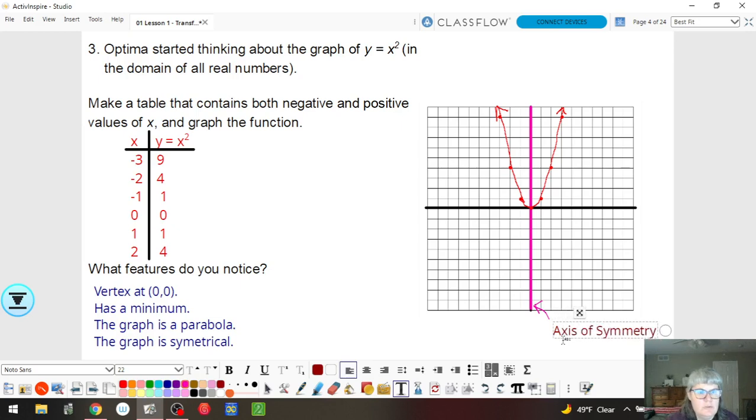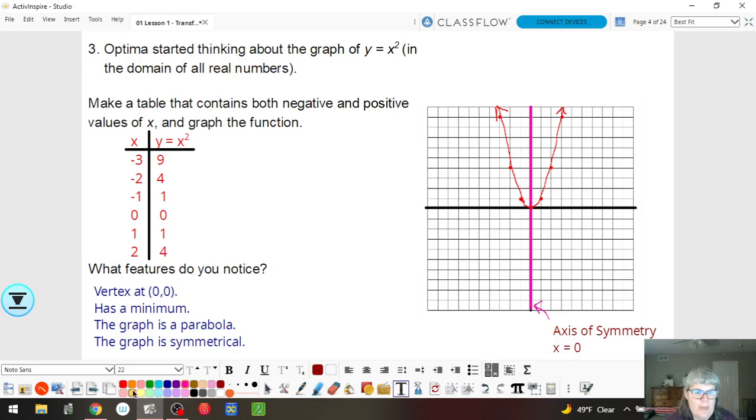Well, I guess symmetry should have two m's now that I see it there, so let's put one back over here. And in this case, the axis of symmetry has the equation x equals 0. The equation of any vertical line is x equals. So if this axis of symmetry were to be anywhere else, we would say x equals and then whatever the x value is for any point on that line.